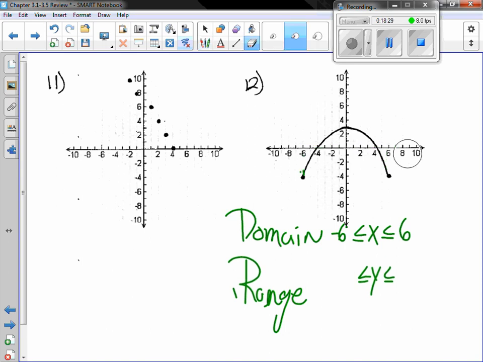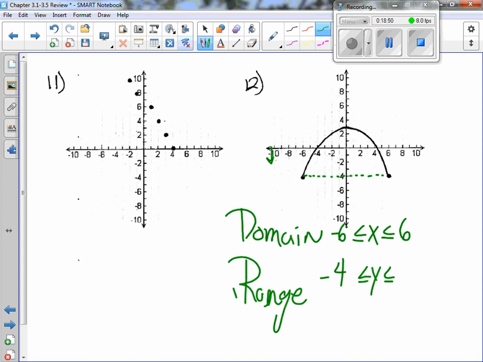Now, how about the range? What is the smallest y value? -4, because those are actually at the same point, aren't they? So -4 is the lowest it goes on the graph. What's the highest point it goes to?